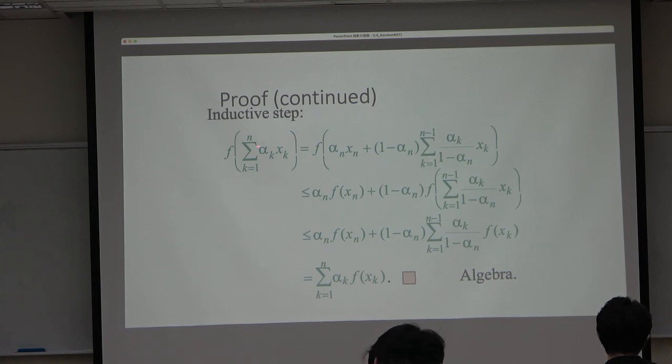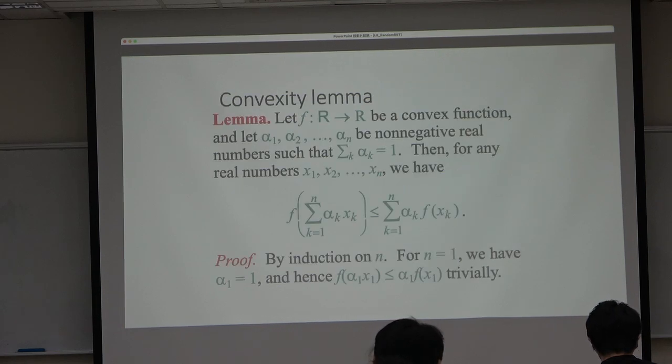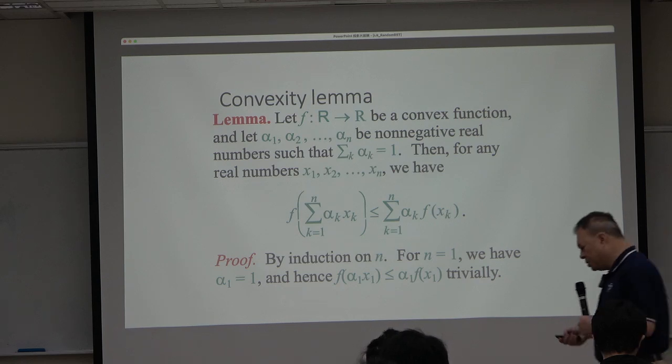So if you have n elements, and n alphas that are all positive and whose sum is 1, then we have this generalized version of the convex property for a convex function.